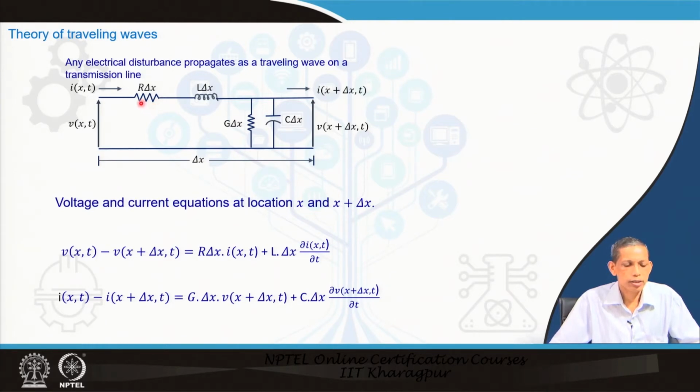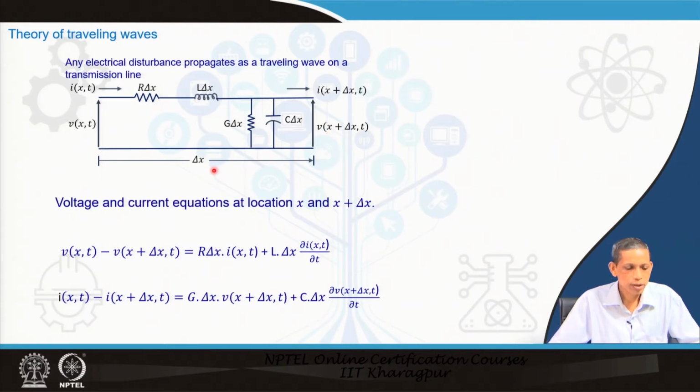Delta x has a certain value of resistance, inductance, capacitance and conductance. We have the current I at location x at time t, and at the same instant the current at x plus delta x distance, and also the associated voltage V at x plus delta x at the same time t.